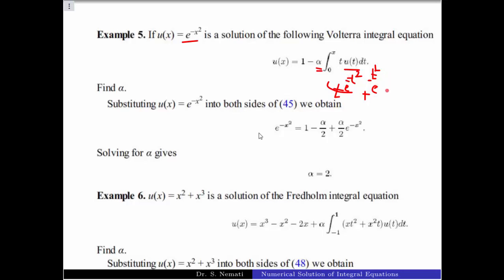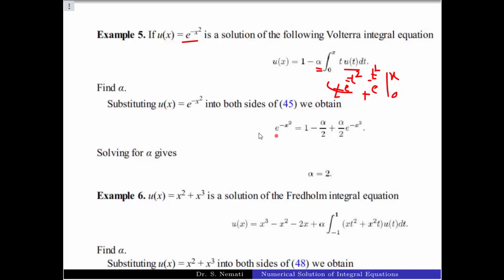And when we consider the lower bound 0 and the upper bound x, we will have 1 minus alpha over 2 plus alpha over 2 times e to the power negative x squared.